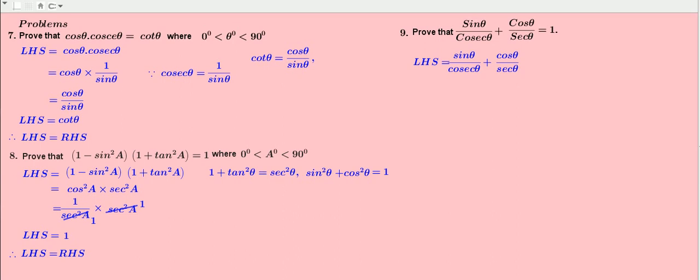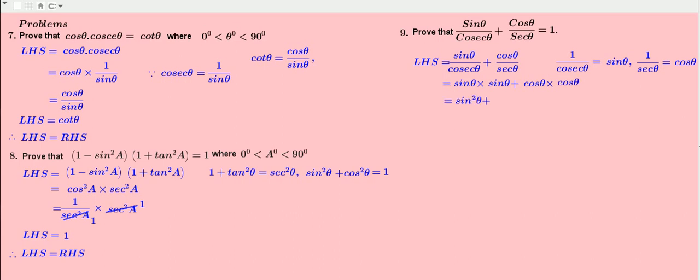Let us write the identities. 1 by cosecant theta is equal to sin theta. 1 by secant theta is equal to cos theta. By replacing 1 by cosecant theta by sin theta here and 1 by secant theta by cos theta, we can write LHS equal to sin theta into sin theta plus cos theta into cos theta.